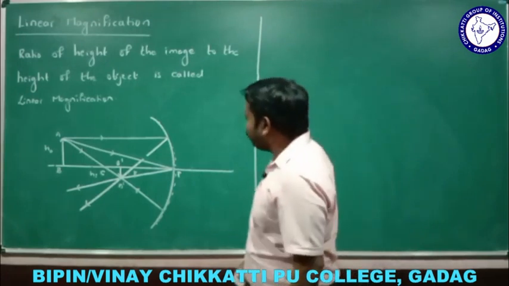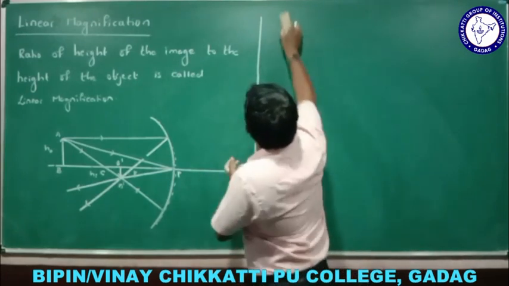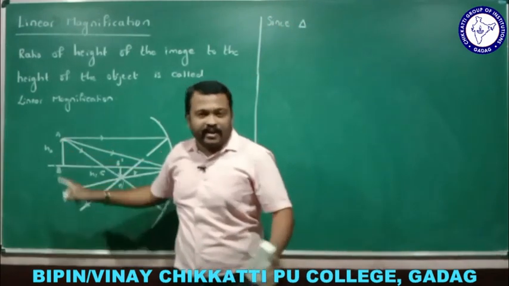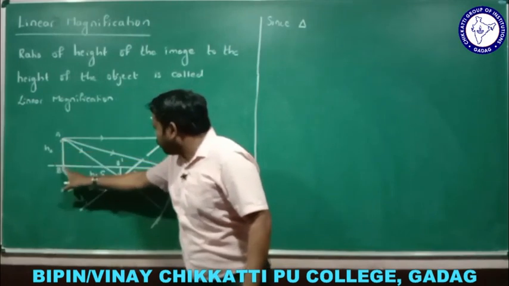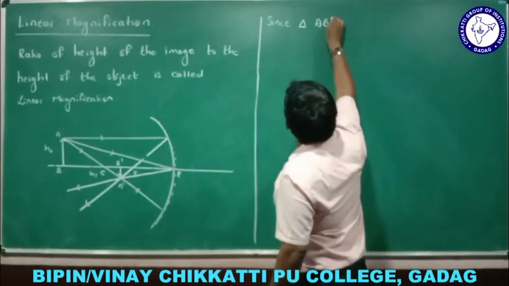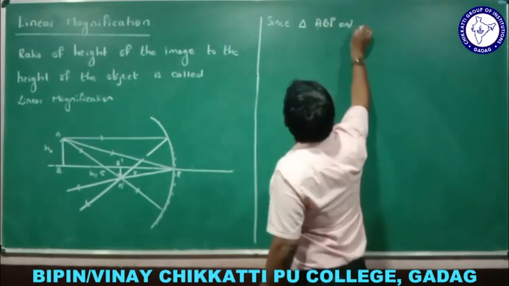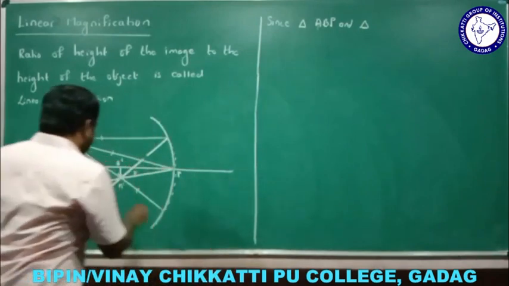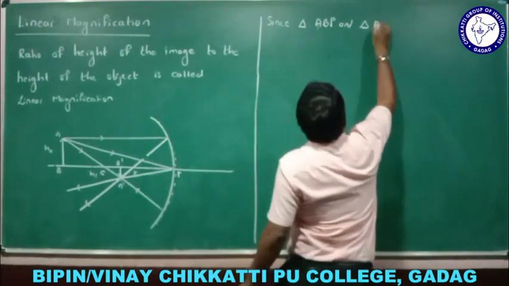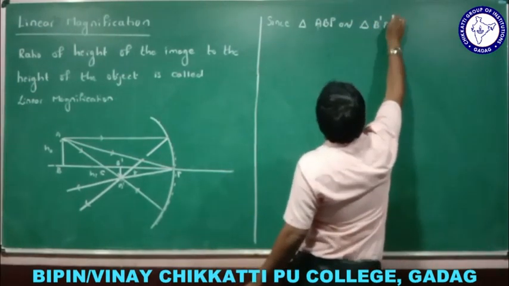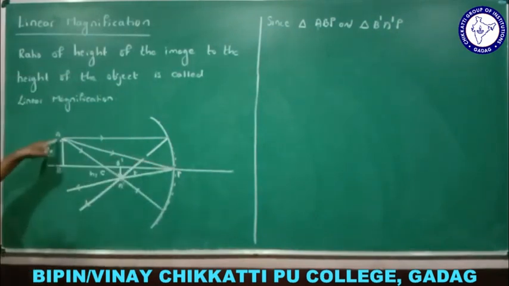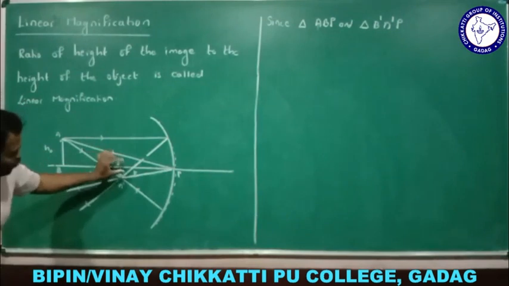Now let me take the two triangles. As in the earlier derivation, I take the bigger triangle ABP and the smaller triangle B dash A dash P. These are the two triangles I am considering.